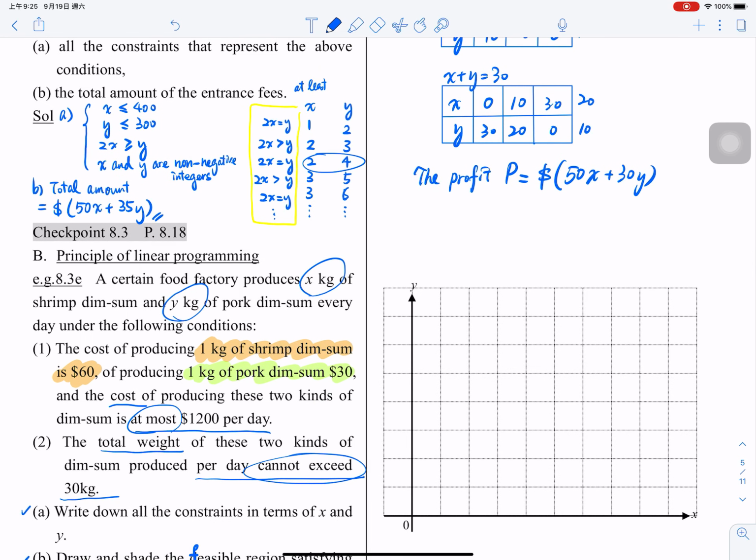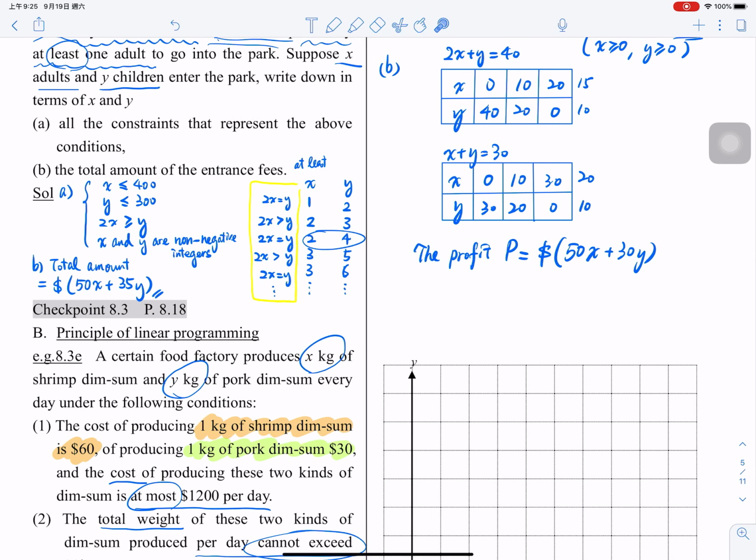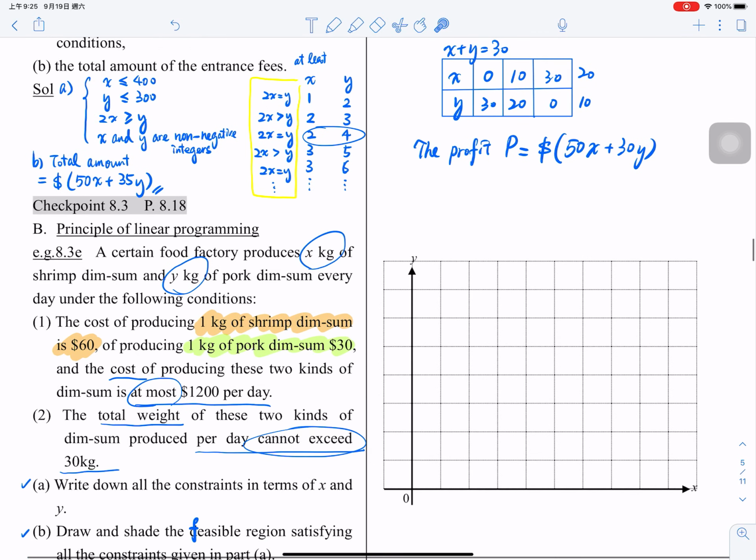About linear programming, now we need to draw these two straight lines, 2x plus y equals 40 and x plus y equals 30. Please use the pencil.